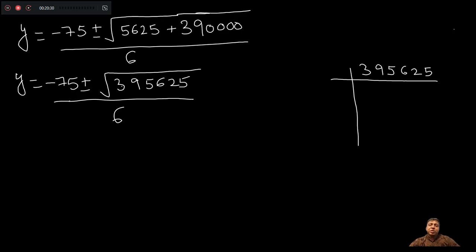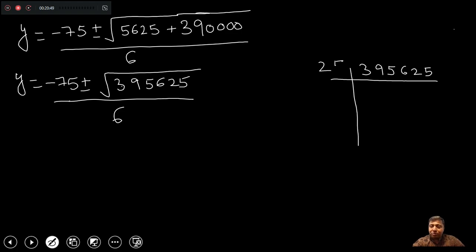So what we understand is, 100 squared is 10,000, 200 squared is 40,000. We need 3,95,000. Okay, so let me start with 25 first.